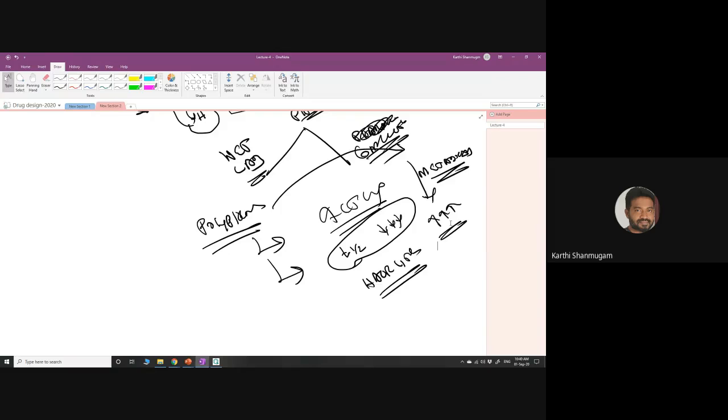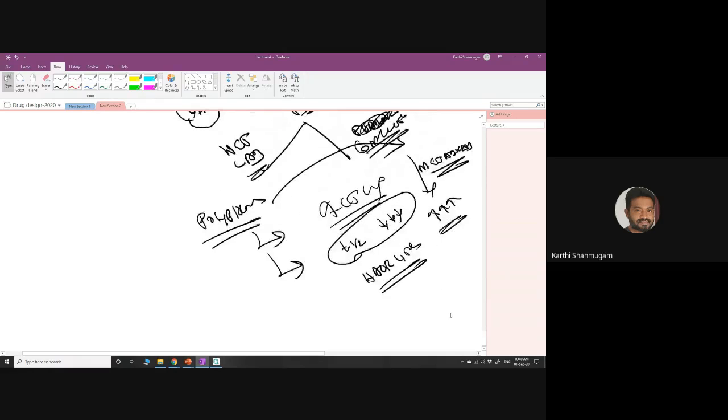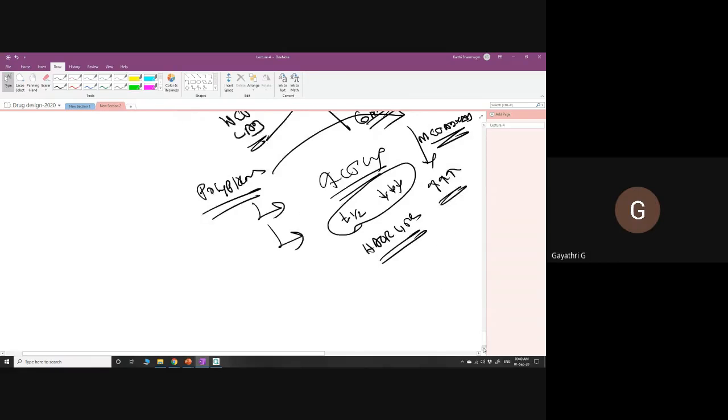Whichever functional groups are already reported as very safe, which won't much affect the biological system, those are the ones chosen. So it's a very controlled, very scientific way of modification. It's not random.